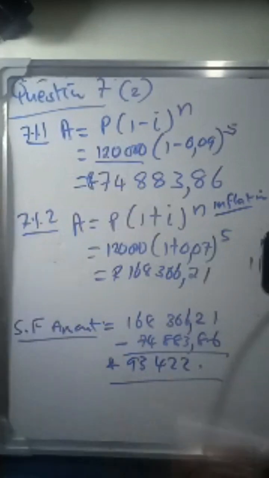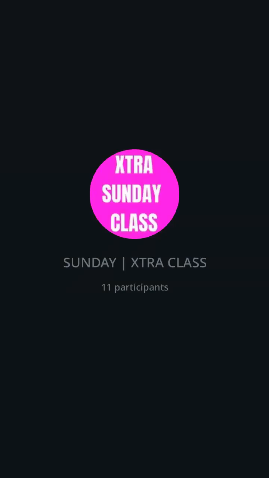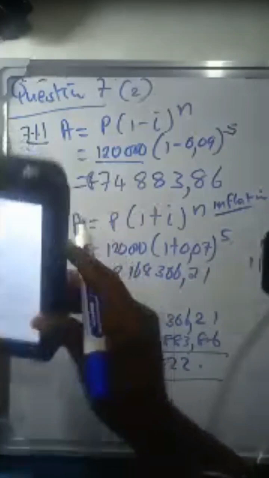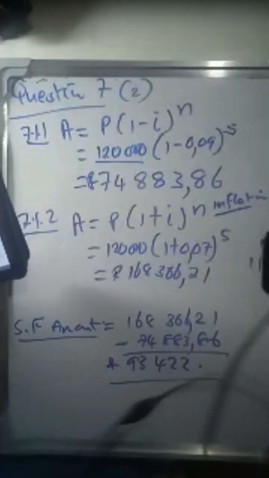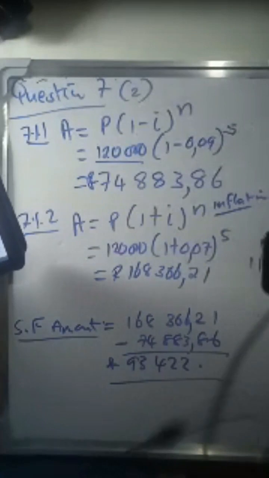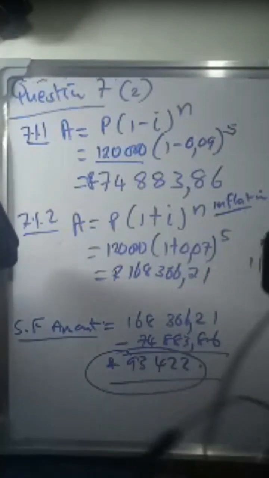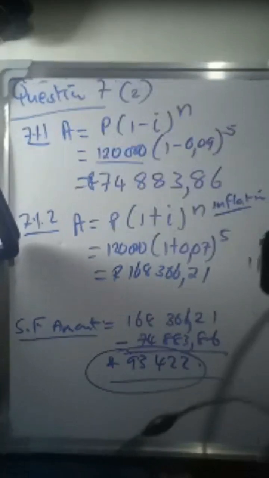Okay, let's continue with the question. The question is saying, after 5 years, the business estimates now that it will need 90,000. So you see 90,000 is close to 93,000. So they've rounded off that they will need 90,000 by the end of 5 years.